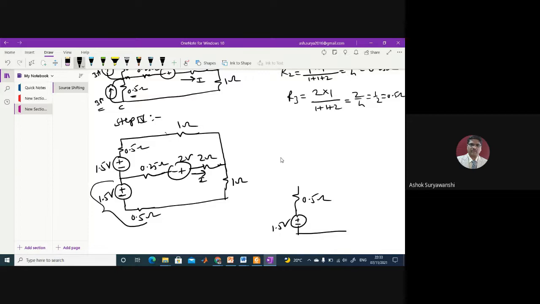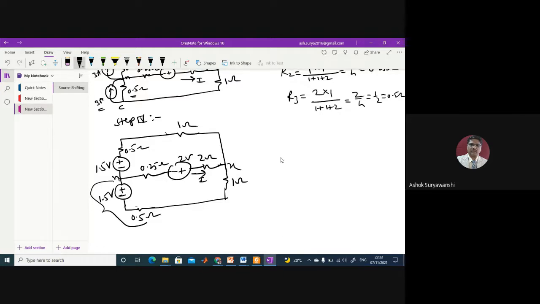So it is one and the same. Because from this point N to this point X, this lower side is one branch right now, and in this lower side branch the 1.5 volt source, 0.5 ohm resistance and 1 ohm resistance are in series. So when they are in series we can swap the elements, right? So no issue. Anyway you can show it like this, it is going to be the same.